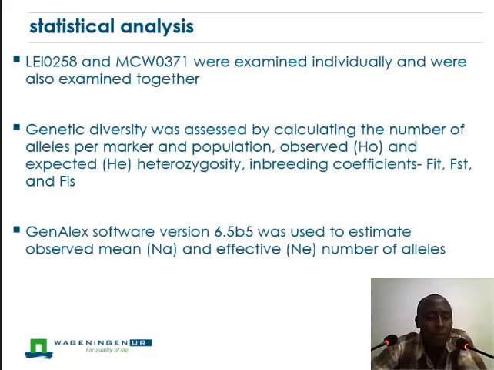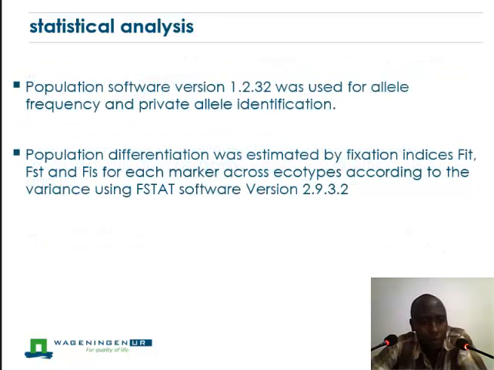This was achieved using the first one, the GenAlEx software, which is used in estimating the observed and the effective number of alleles. Also, POPGENE software, version 1.2.32, was used to estimate the allele frequency and the private allele identification. Another software called FSTAT was used to calculate the inbreeding coefficients.